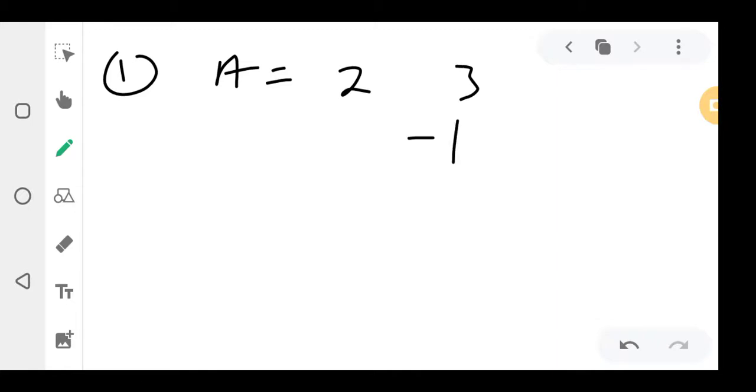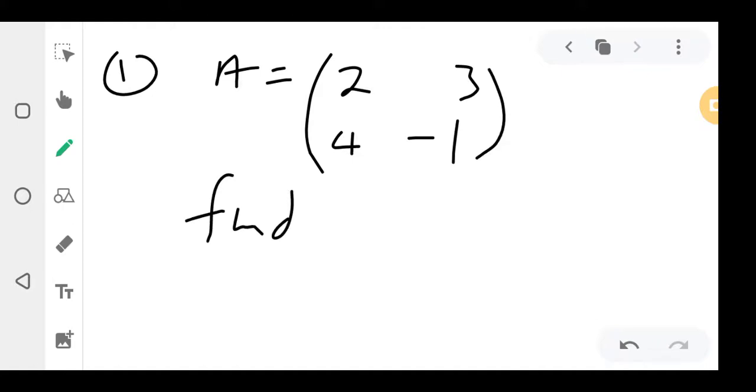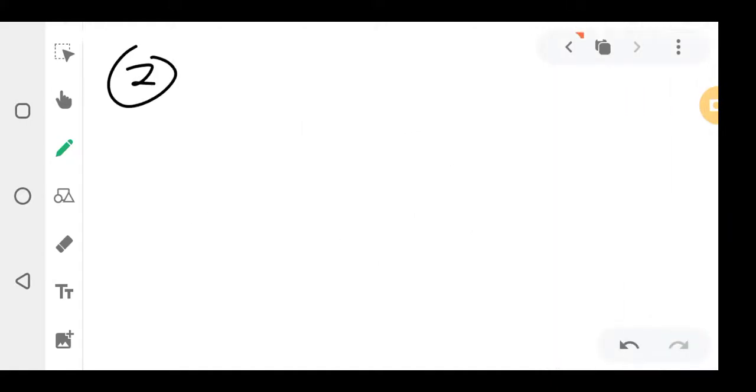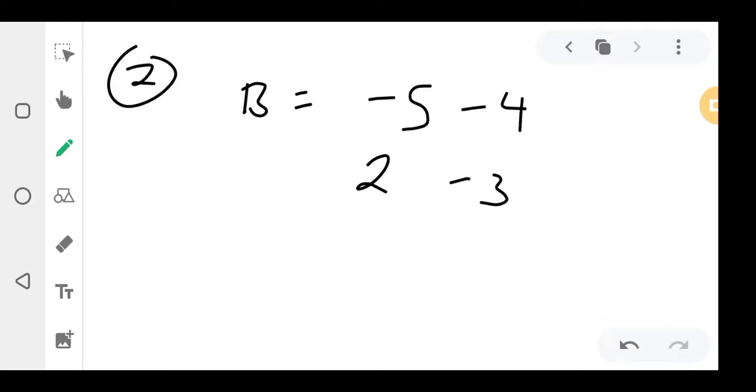Question 1, A is equal to 2, negative 1, 3, 4. Find A inverse. Question 2, B is equal to negative 5, negative 3, 2, negative 4.